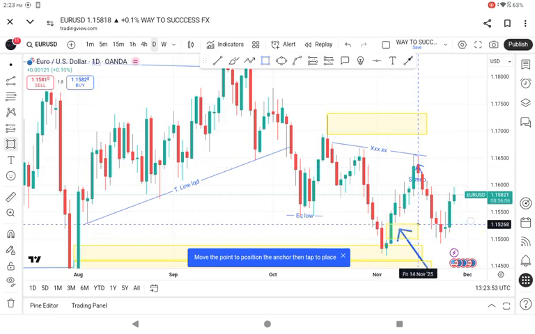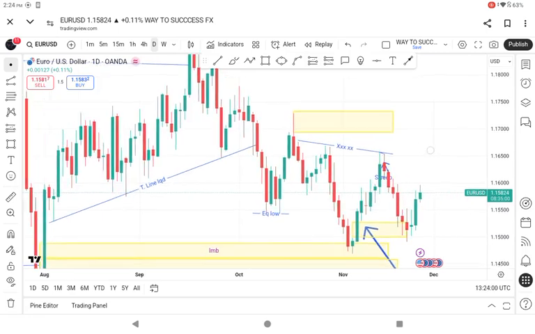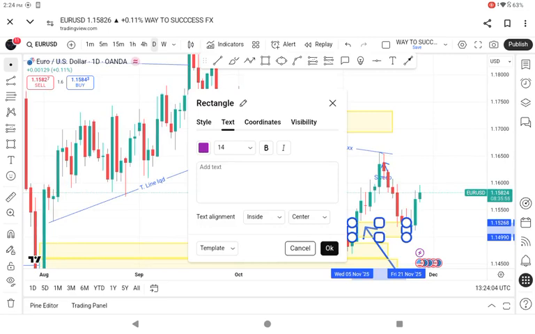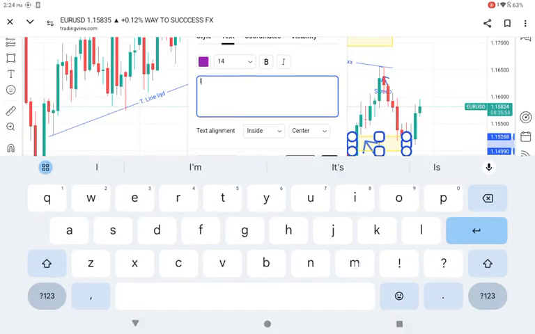and started reacting. It first started to reject at that imbalance.